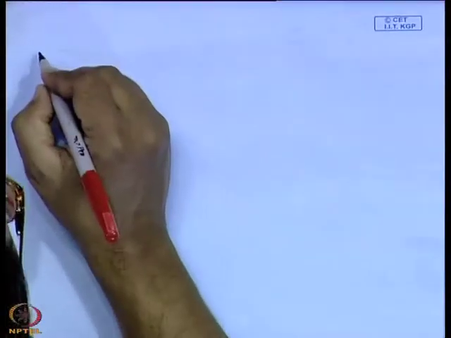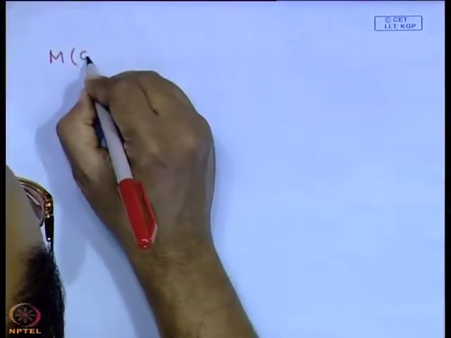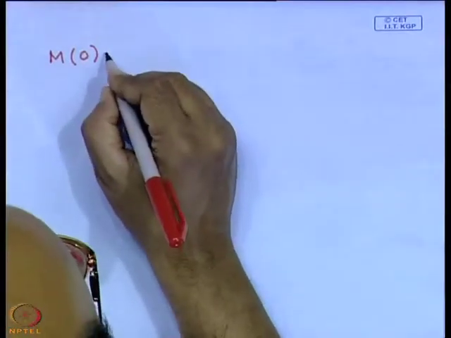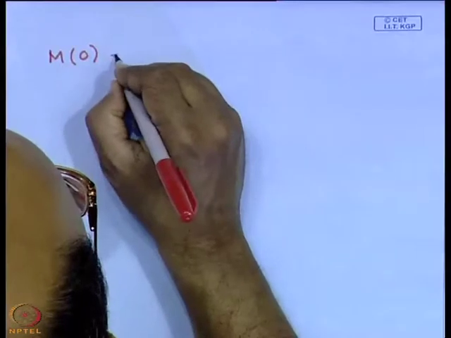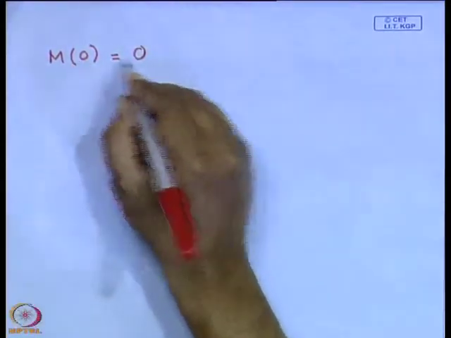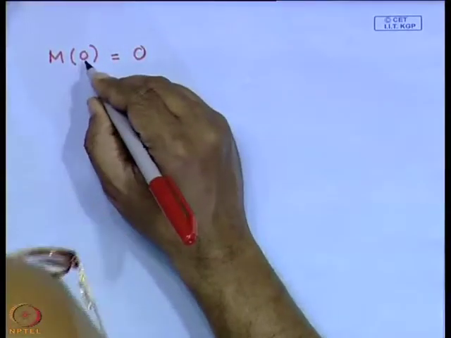At the center of the star, there would be no mass, that is obvious. The mass contained within the center is 0.